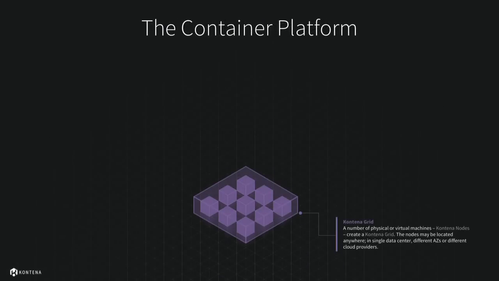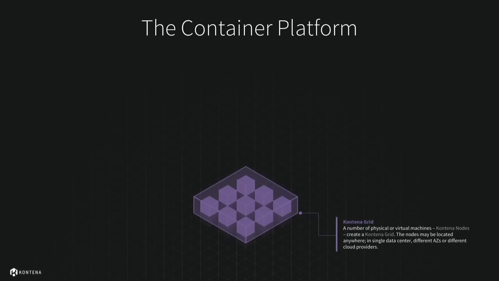In the Kontena platform, the most important concept is called a container grid. It's basically a set of nodes that you launch in some cloud or in your private data center, and we combine those as one big Docker machine, basically. The nodes can be actually located anywhere.